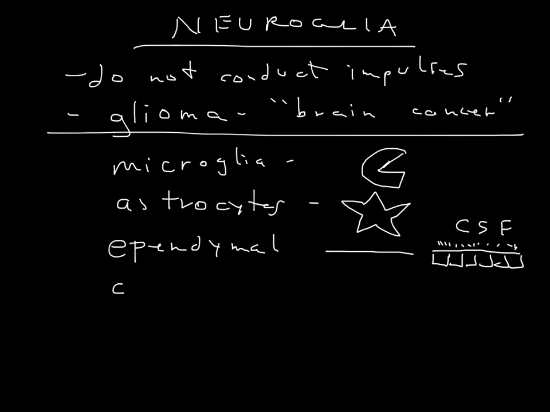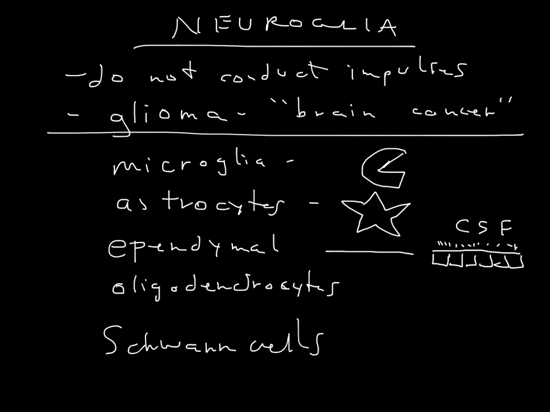Then we have our insulators, the oligodendrocytes, and the Schwann cells. These first 4 are located in the central nervous system, and the Schwann cells are in the peripheral nervous system.